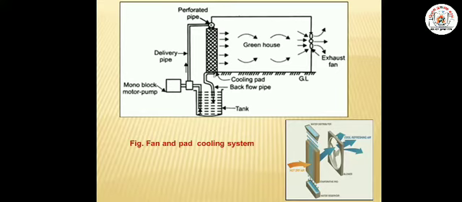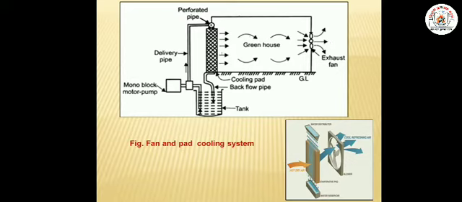So during the free fall of the water by gravity into that cooling pad, what happens? The air from the outside of the greenhouse structure is sucked inside the cooling pad. And from that cooling pad, it moves towards the exhaust fan, and from the exhaust fan into the ambient air.